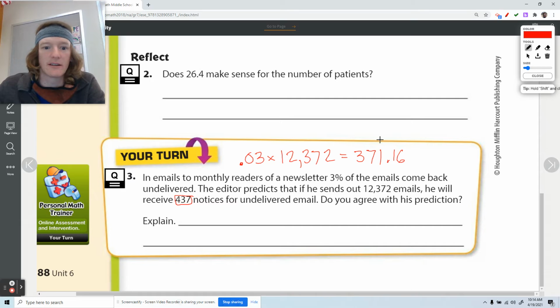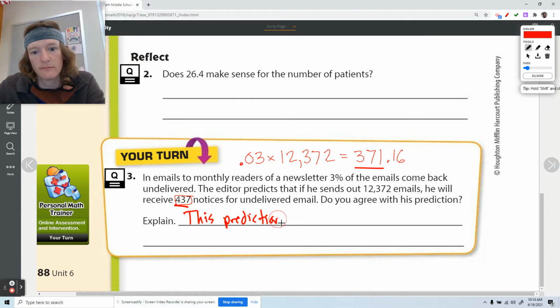This guy said it's going to be 437. What we actually calculated was 371. So this prediction is a bit high.